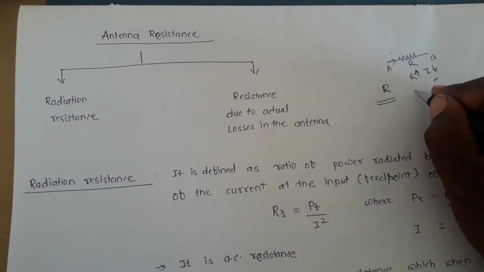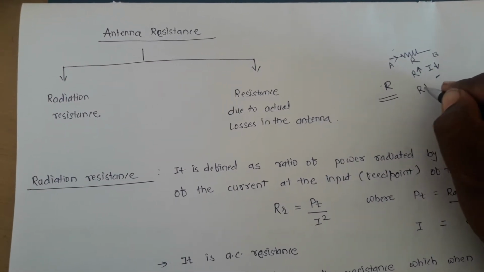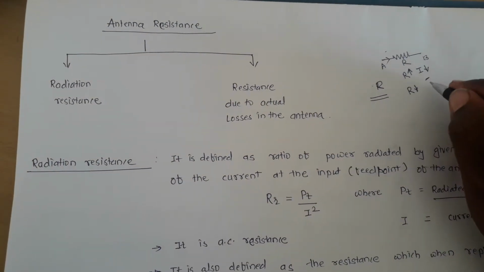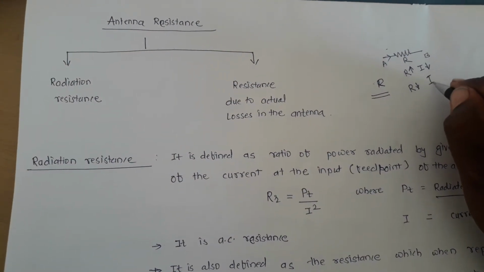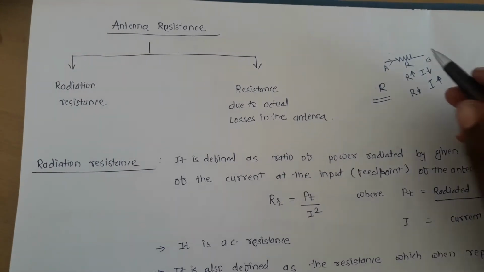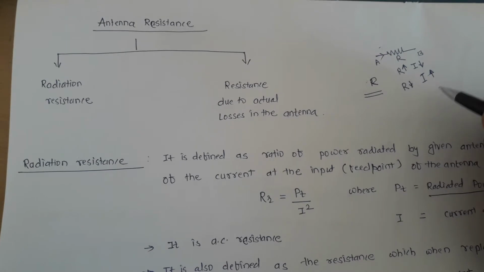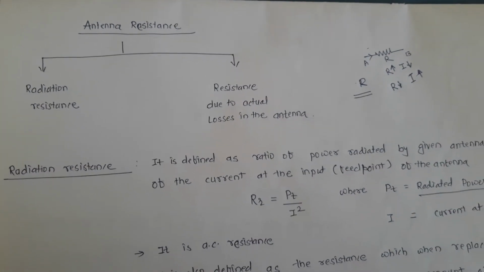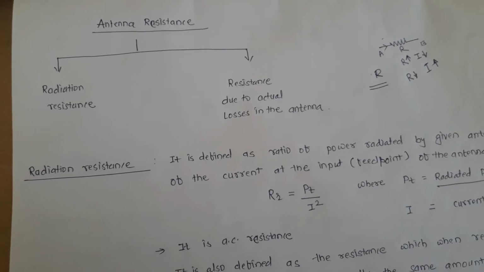Vice versa, if the resistance is minimum, then the current flowing through this resistor is more. So, there is less opposition of the current. Resistance is nothing but the term related with opposition of the current.